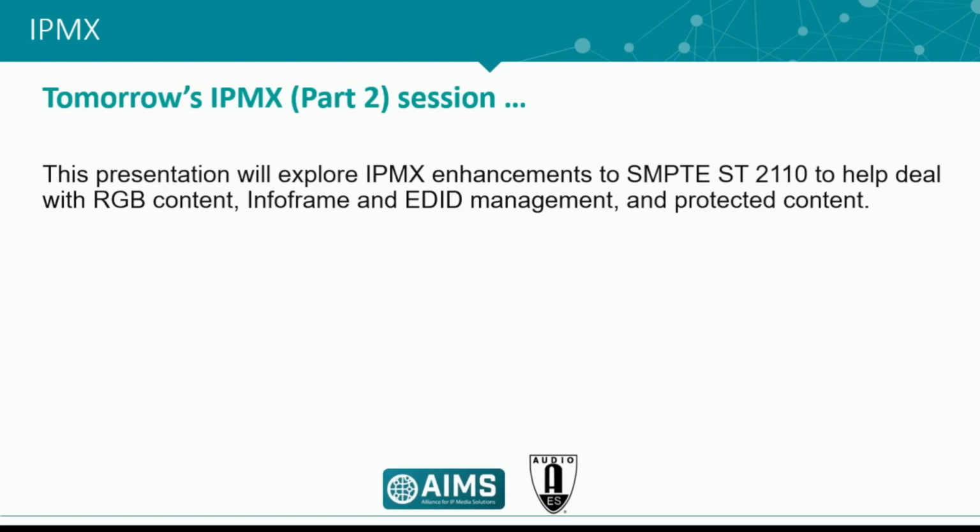In a second session tomorrow, we're going to cover some of the specific things that were added to IPMX. So the RGB content, the info frames and EDID management, privacy, which is encryption, where organizations could load their own security keys into the devices for a cyber secure AV over IP deployment, and topics like this.